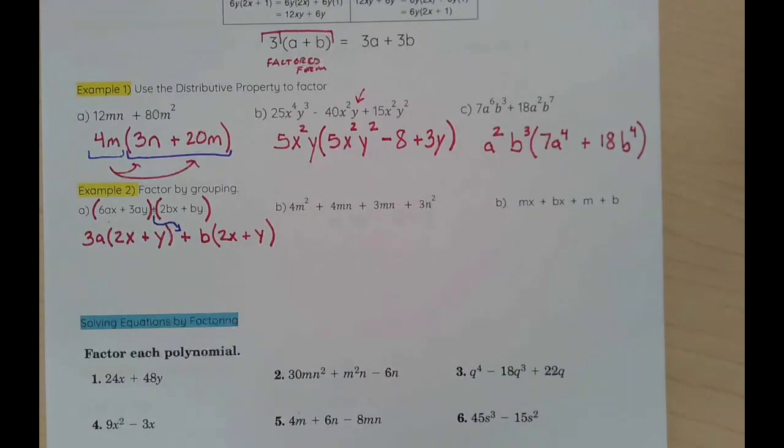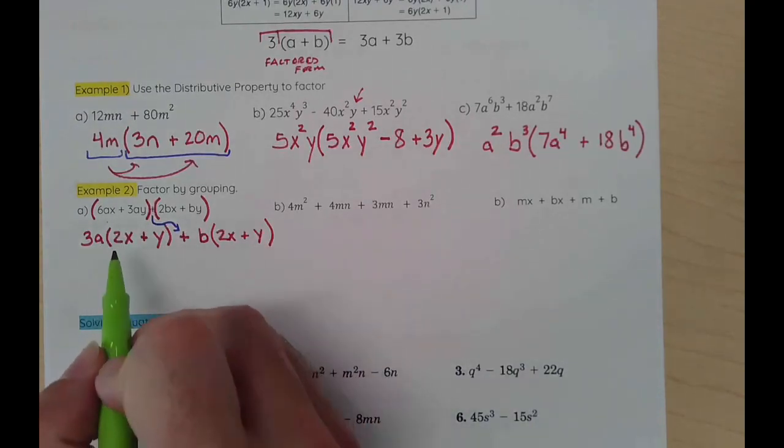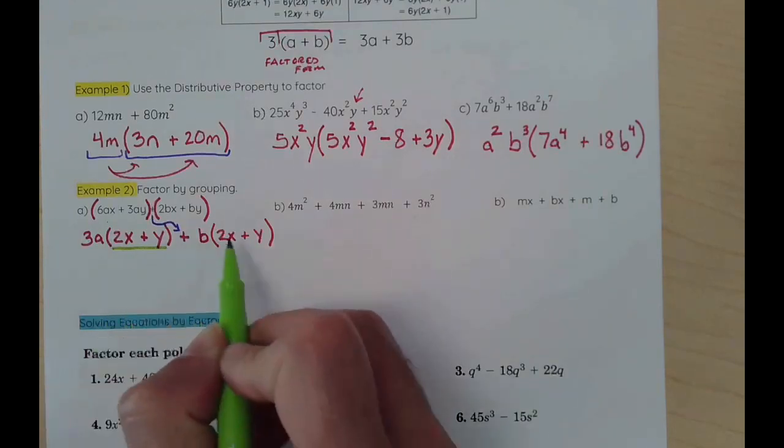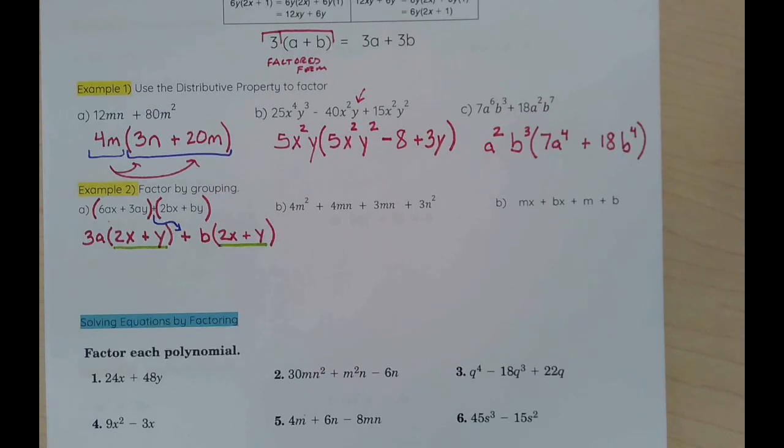Now, if I look here, get my colors out for a second. Now I have this part in common in both terms. So what I'm going to do is I'm going to factor that out finally.